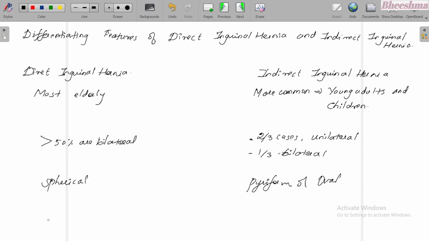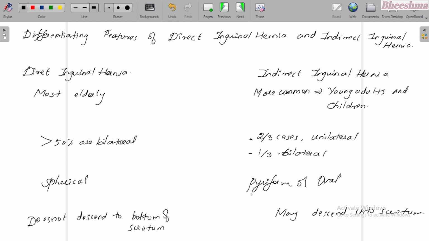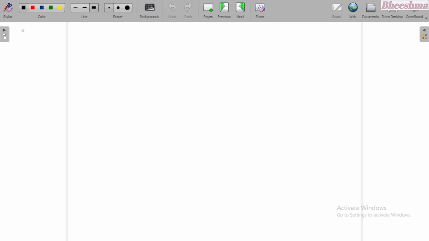And then next, direct hernia does not descend to the bottom of the scrotum, but indirect may descend into the scrotum.